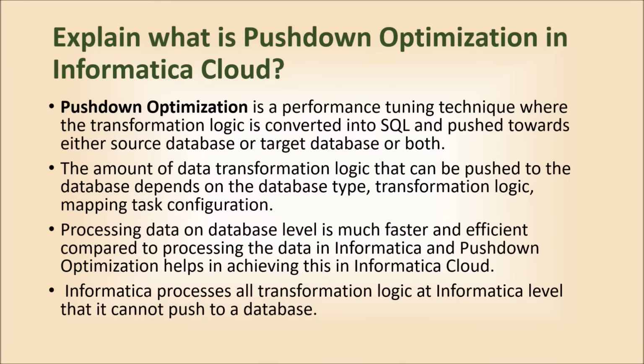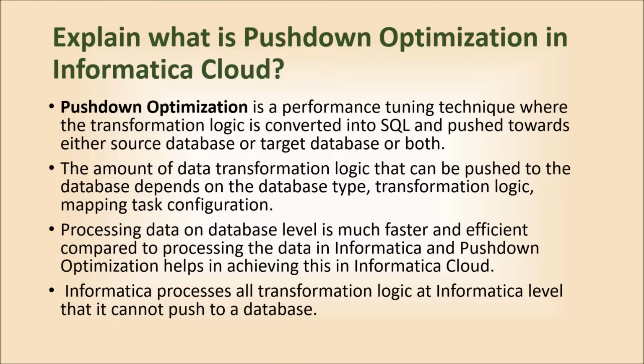So internally, if you check this pushdown optimization option at mapping task level, Informatica is going to create internally the SQL statement for the transformation logic. However much it can convert, that much transformation logic is going to be kept in the SQL statement and pushed towards either the source database, the target database, or both.